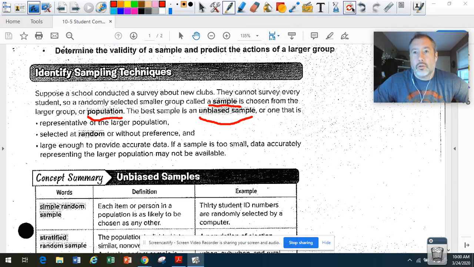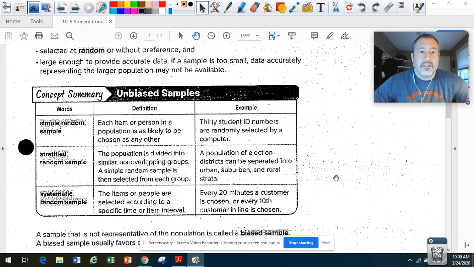Now let's take a look at the different types of samples. We have our unbiased samples here. The first one is a simple random sample. What does this mean? That means each item or person in the population is as likely to be chosen as the other.